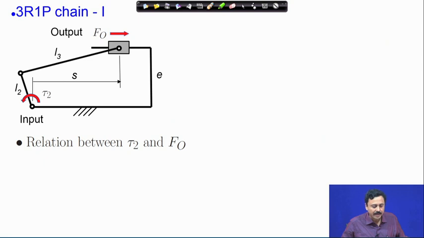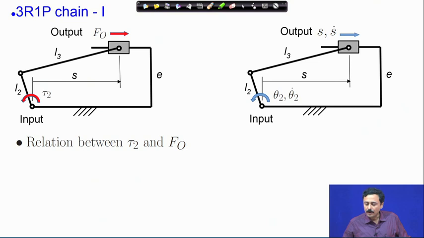At the input I have a torque tau 2, and at the output I have a force F O, the force at the output, and we have to find a relation between tau 2 and F O. Now, from the velocity relations, we had already related theta 2 dot and S dot, through velocity analysis, which we have discussed previously at a specific configuration.